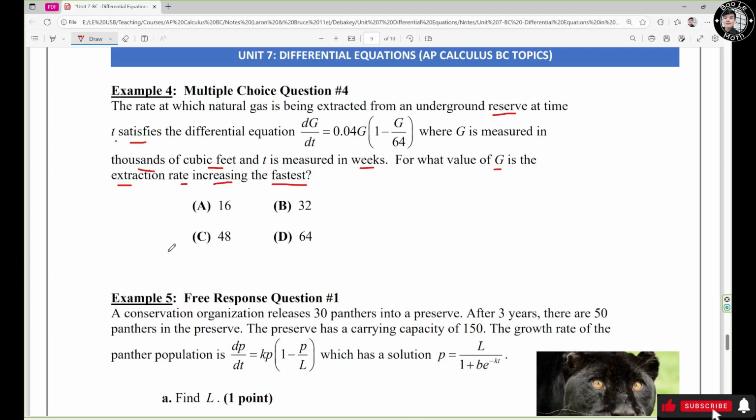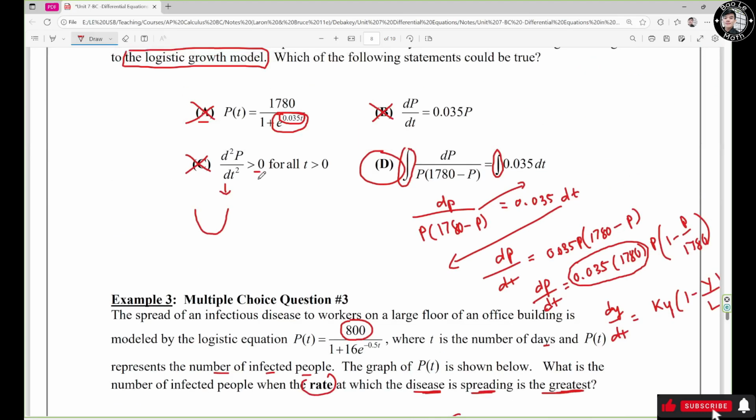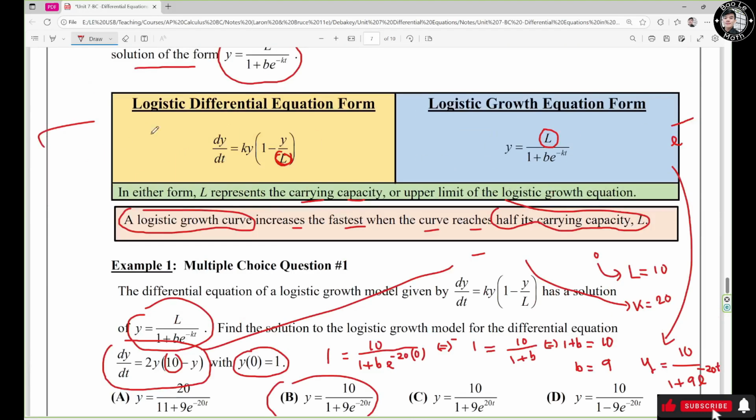Now example number 4 is similar to example number 3. Alright. So you're going to say that the extraction rate is increasing the fastest when the model reaches half its carrying capacity, right? Now this one is the carrying capacity by using the formula right here, L right here.